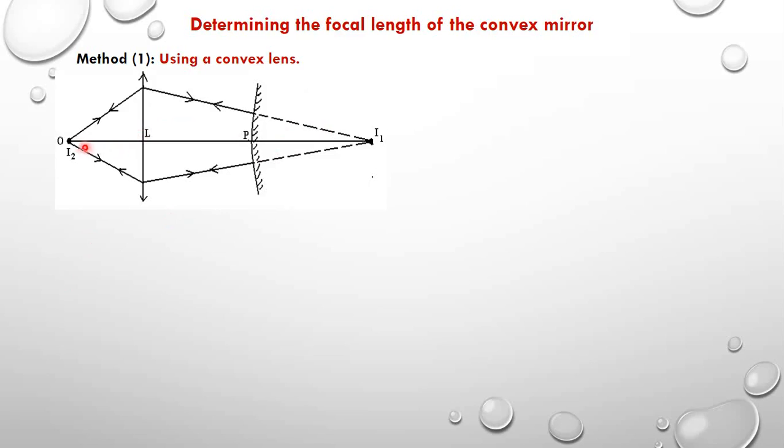minus the mirror. An object O is placed in front of the convex lens such that its real image is focused on a screen behind that lens.